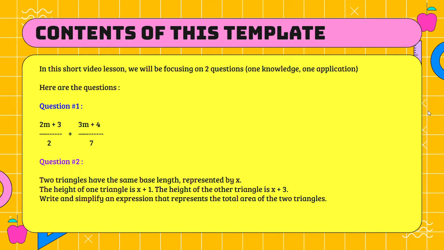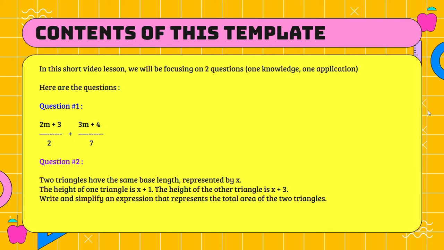It's basic math, or actual problems that you don't have to think hard to solve. So question number one will be (2m plus 3) divided by 2 plus (3m plus 4) divided by 7.